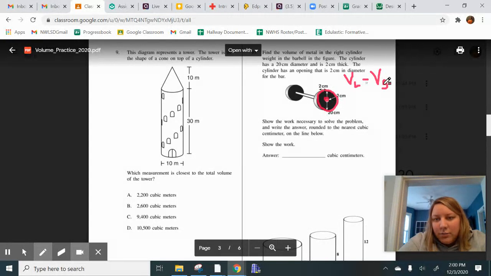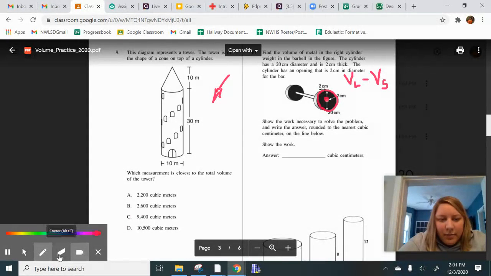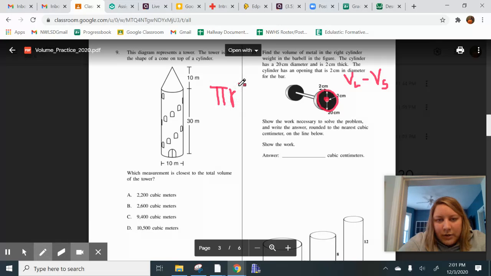So we're going to subtract the two, and then we'll be left with what's in black. So remember, the volume of a cylinder is pi r squared times the height.